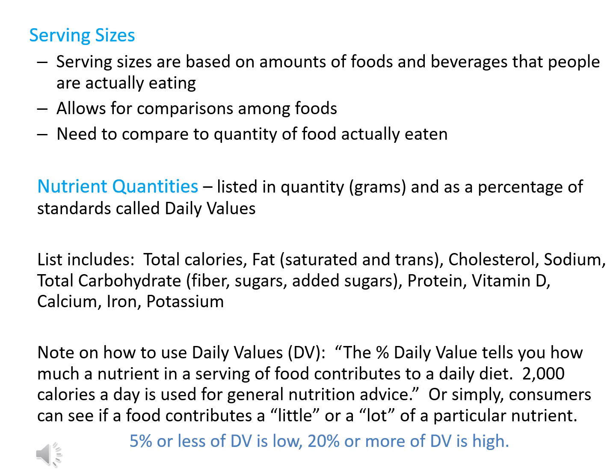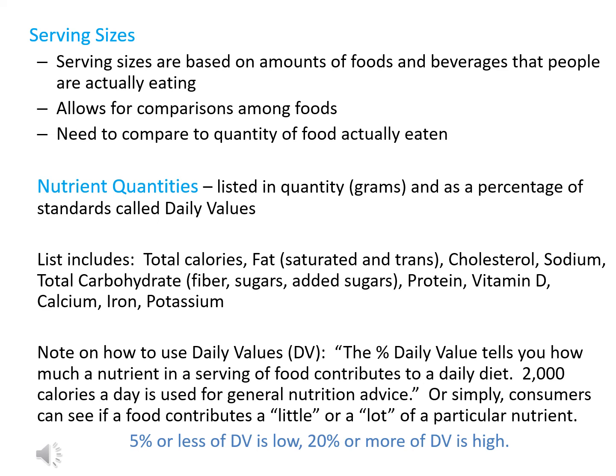These nutrient quantities include total calories, fat, and then fat is subdivided based on the amount of saturated fat and trans fat, cholesterol, sodium, total carbohydrate, and then total carbohydrate is also subdivided based on the amount of fiber, sugars, as well as added sugars. Protein is listed, vitamin D is listed, calcium, iron, as well as potassium.